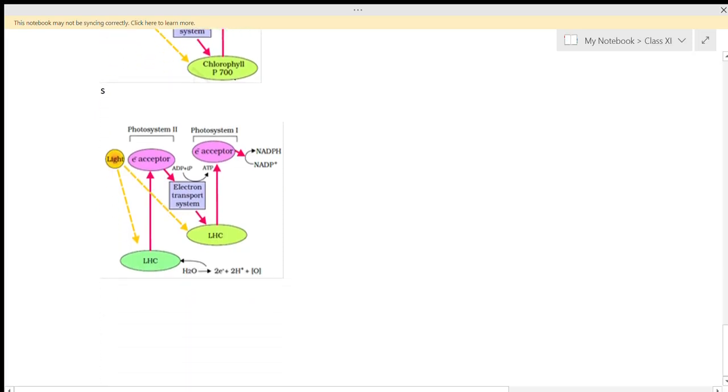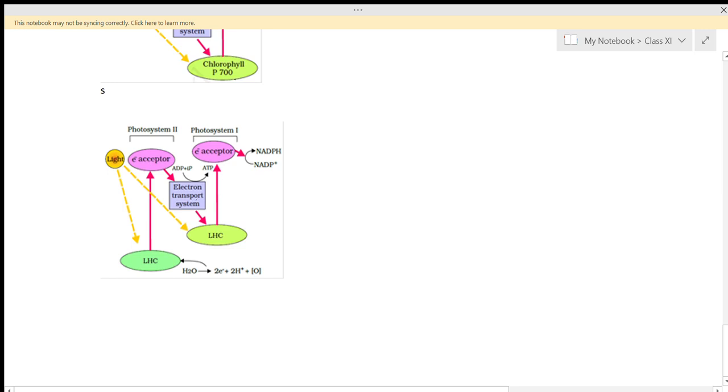And the non-cyclic photophosphorylation involves both photosystems, which I have explained in the Z scheme. An external source of electron is also there. Water is donating electrons, and due to the absorption of sunlight, the electrons become excited and are accepted by the electron acceptor.